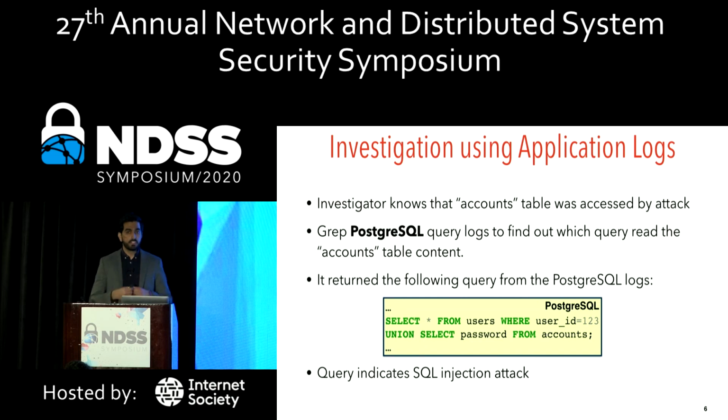After the detection, the admin can proceed to the investigation. In this case, the admin knows that the accounts data table was accessed by the attacker. So the admin greps this accounts table in the PostgreSQL query logs. The grep returns a query which indicates that this was essentially a SQL injection attack.